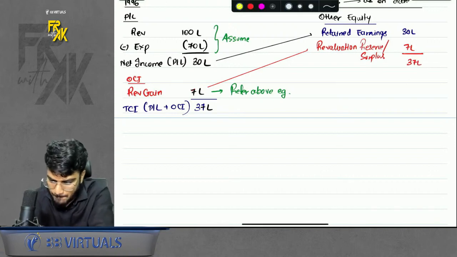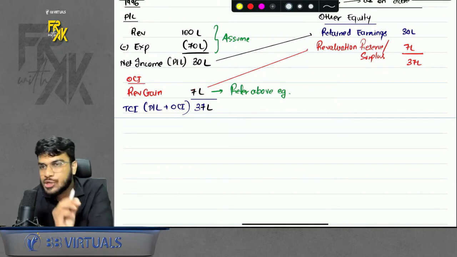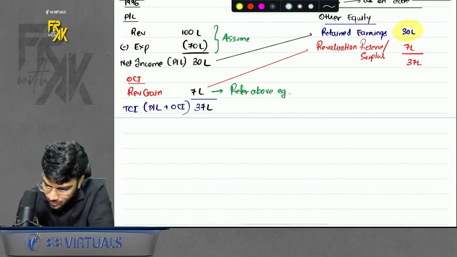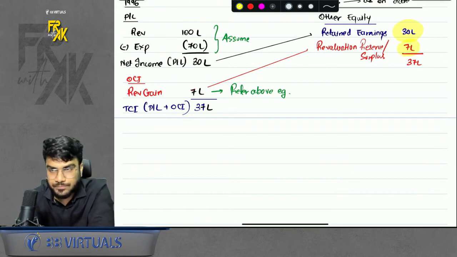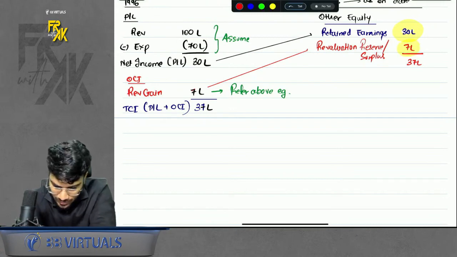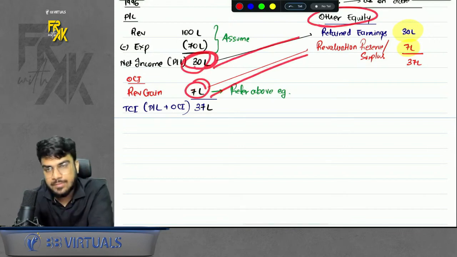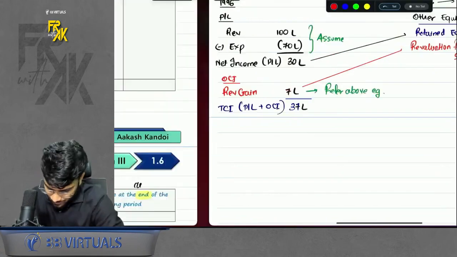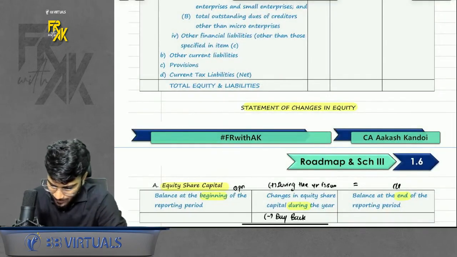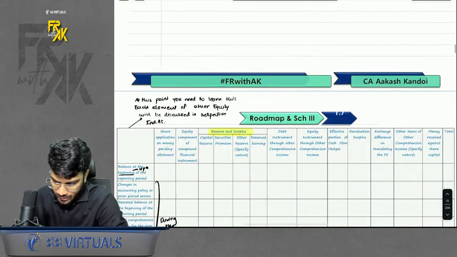If you can see, it is drafted in such a smart manner that even a layman shareholder will understand that this is our core profit, right? And this is our unrealized profit. So likewise, the bifurcation given in profit and loss is also given in other equity, right? Now I'll tell you one thing. If you see the format of statement of changes in equity, do you remember we had such a big statement of other equity?